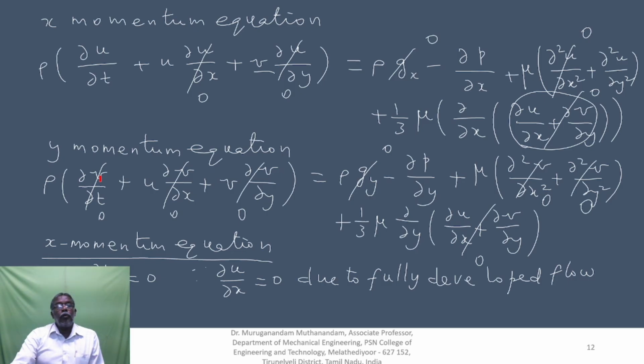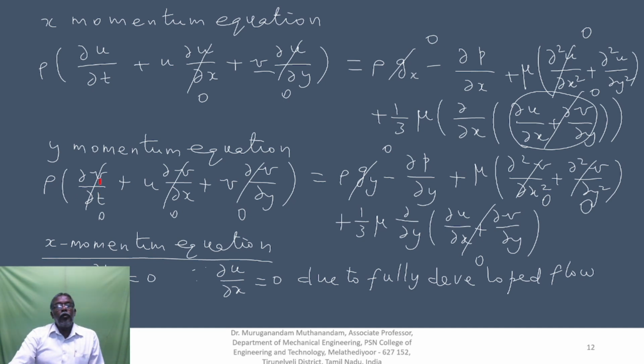If v is equal to 0, that will be 0. Since v is equal to 0, the differentiation of that 0 will be 0, either with respect to time or with respect to space coordinate x or space coordinate y. So all the terms are 0 except the second term on the right hand side.